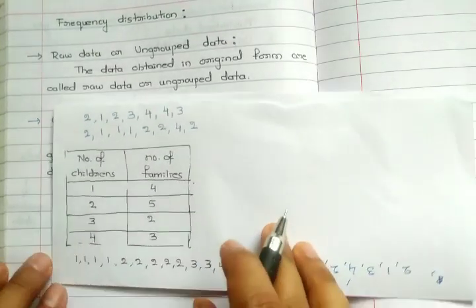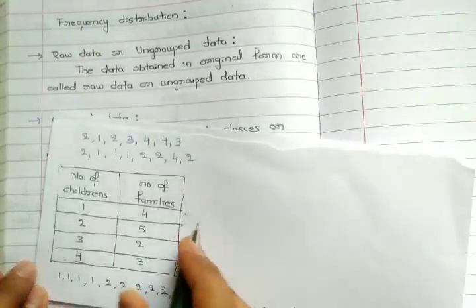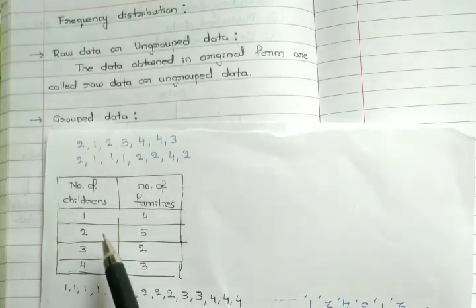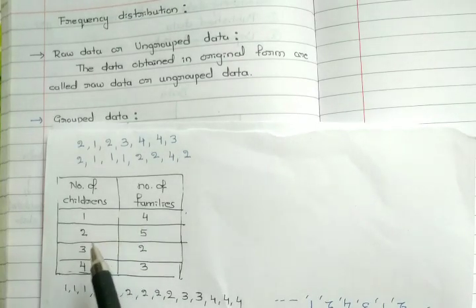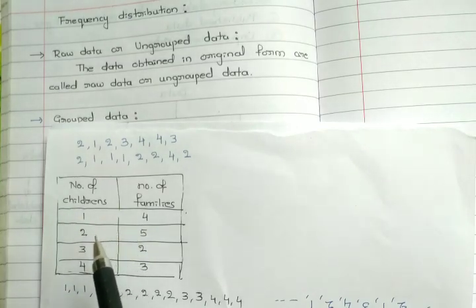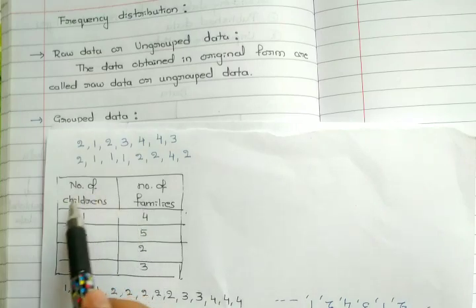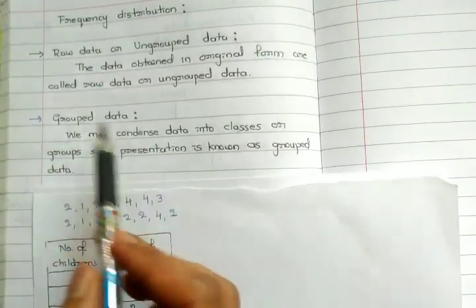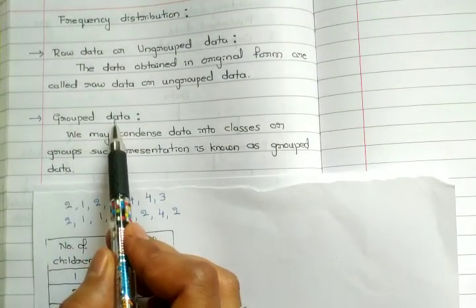Now I have arranged the data in a systematic way, correct? If someone sees such data, they will easily understand which type of data I have collected. Such data is called grouped data, correct?